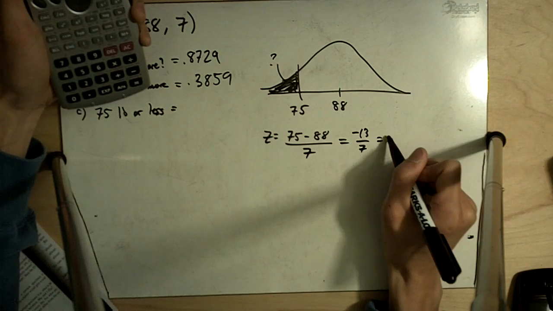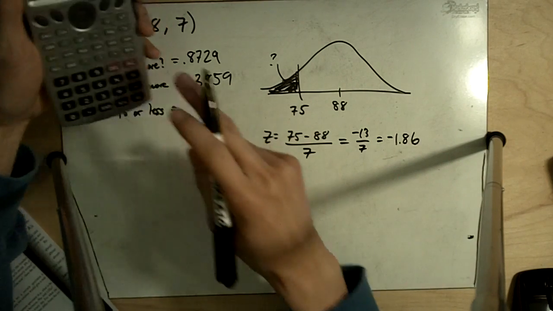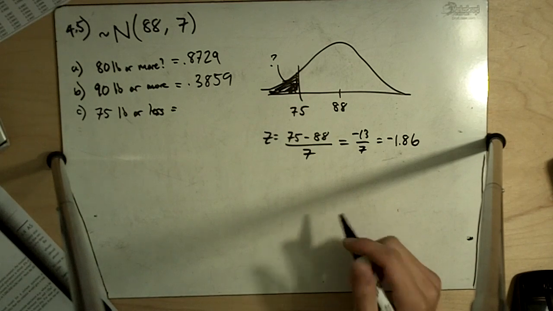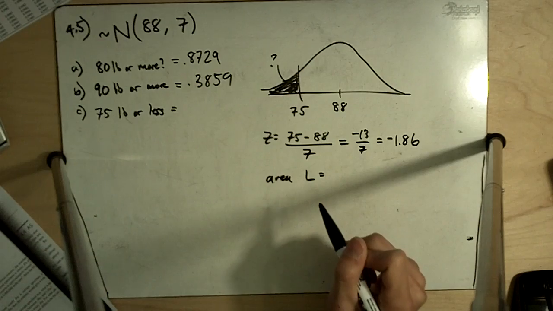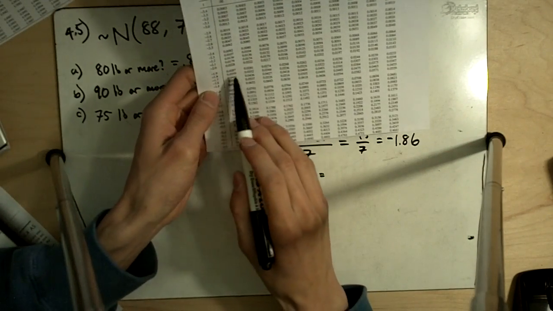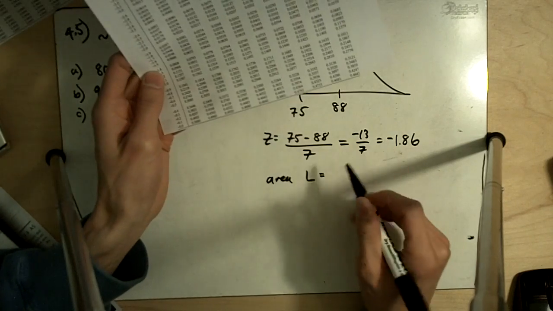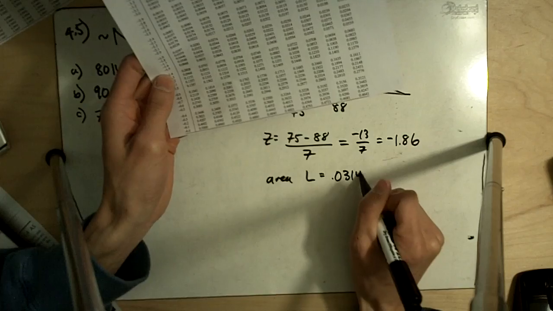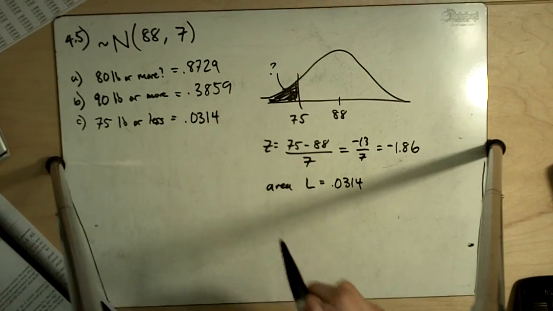Okay, so it's negative 1.86. And the area to the left, which is going to be our answer, the area to the left of negative 1.86 is 0.0314.